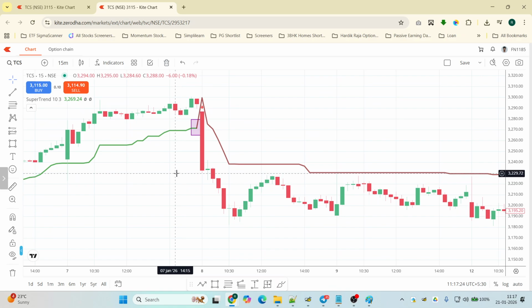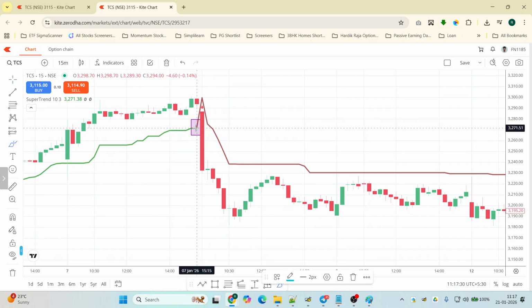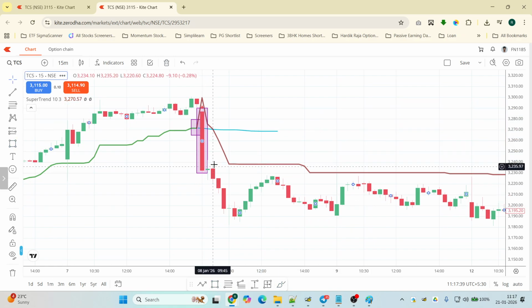Okay, now what has happened and why has this flipped? Because see, I'll mark the level here. So this is the level. This particular candle has crossed this level, which means that the trend has changed. So super trend has gone from green to red.